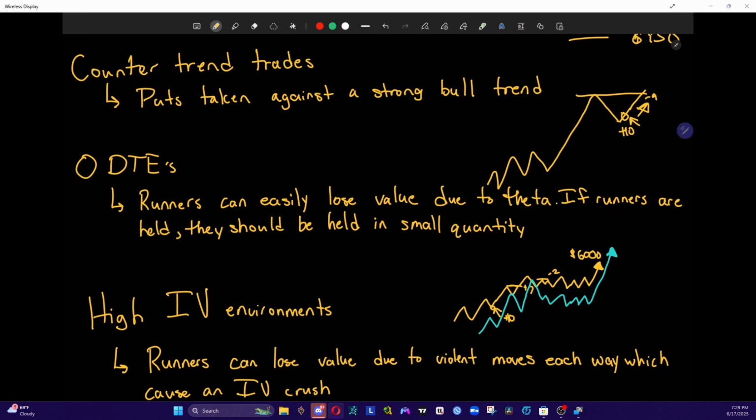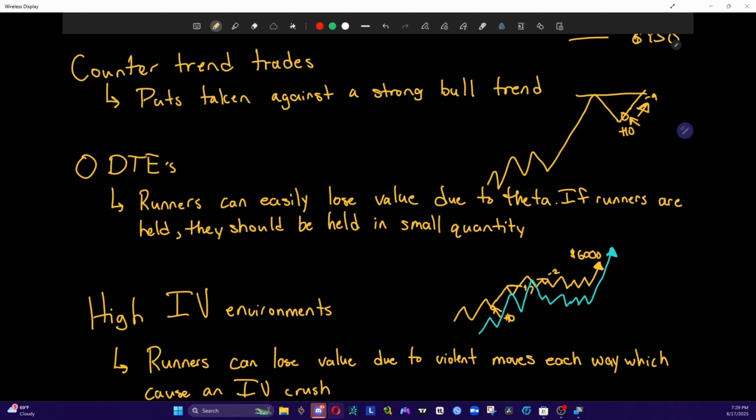So if you're buying in a high IV environment, and the underlying stock or the ETF that you trade is moving in a consolidating manner, or it's just chopping, you will lose a significant amount of value, which means it's already going to be harder and less logical for you to hold runners, because then you're just exposed to theta decay, and it makes no sense.